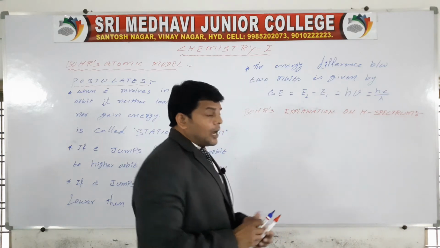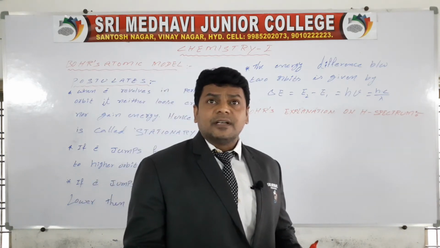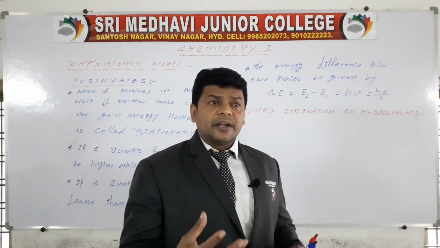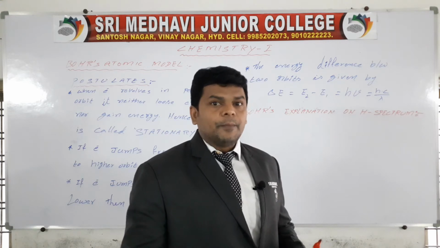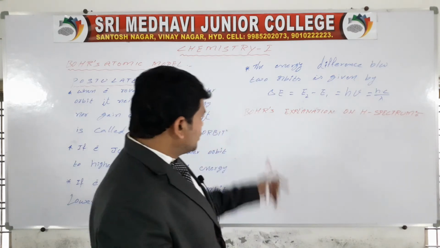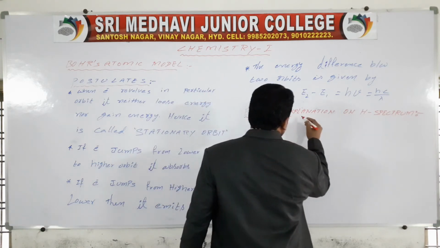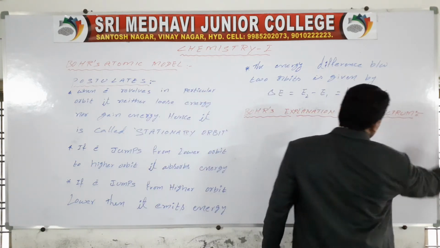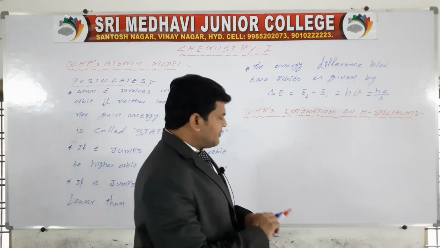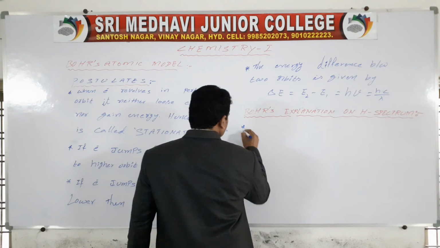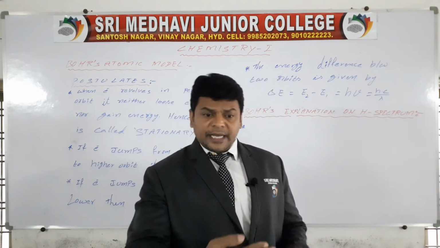Okay. Bohr beautifully explained how different series of lines are formed in the hydrogen spectrum. Now we are going to discuss that. See, first point: hydrogen has one electron and one proton in its ground state.